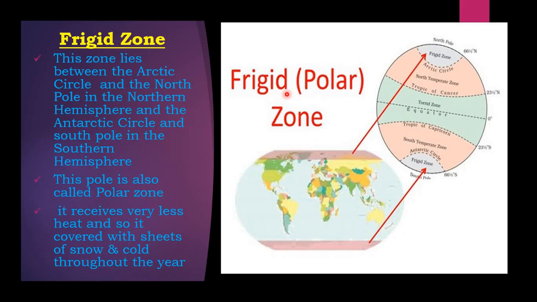Therefore the frigid zone, the so-called polar zone, receives less heat and is always covered with sheets of snow and cold. Therefore it is called a frigid zone or the polar zone.